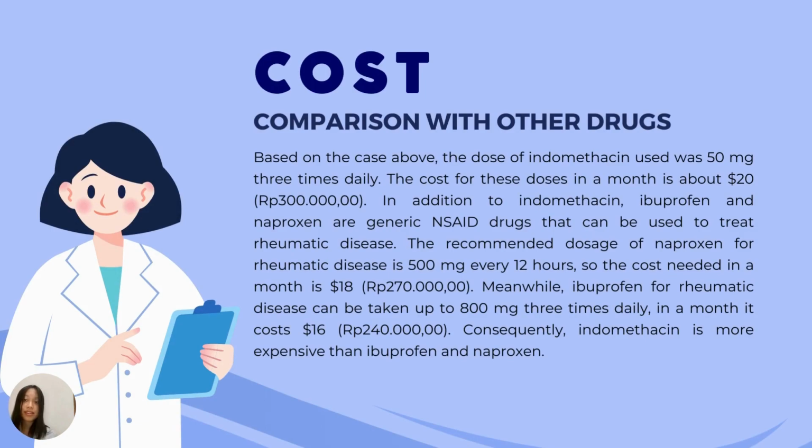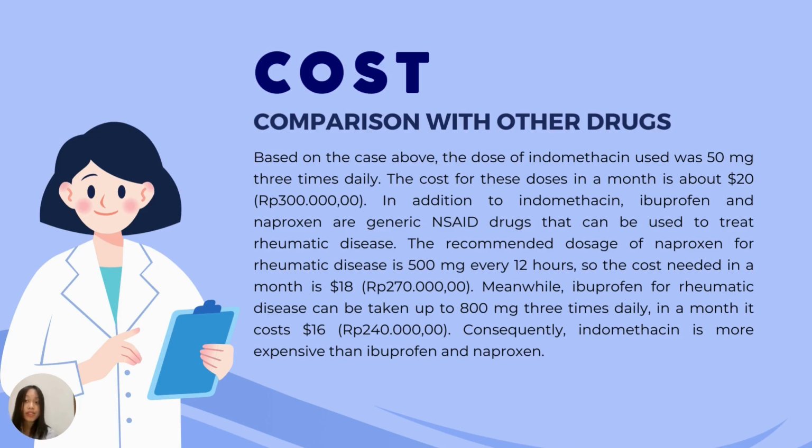Comparison with the other drugs. Based on the case above, the dose of indomethacin used was 50 milligrams 3 times daily. The cost for this dose in a month is about $20. In addition to indomethacin, ibuprofen and naproxen are generic NSAID drugs that can be used to treat rheumatic disease.